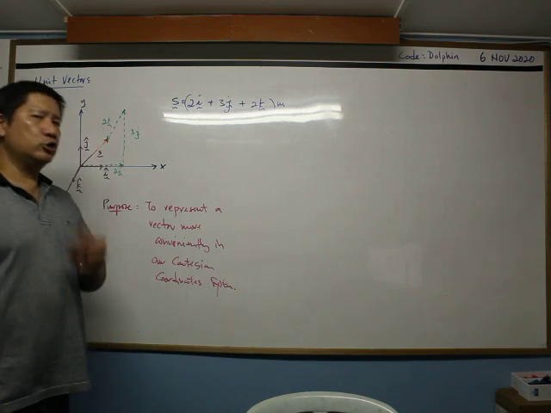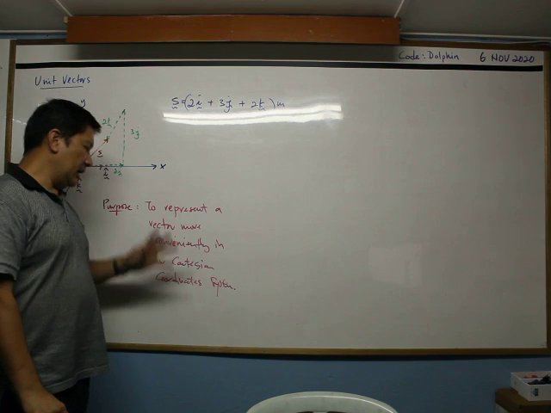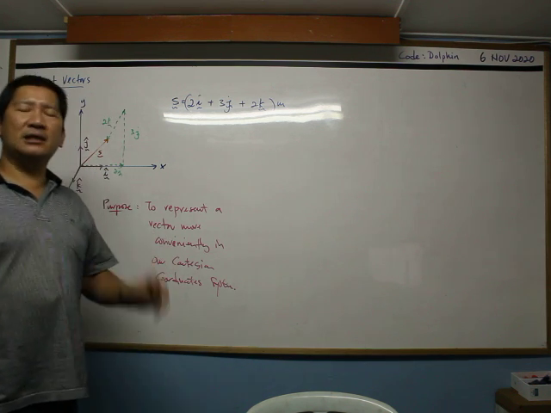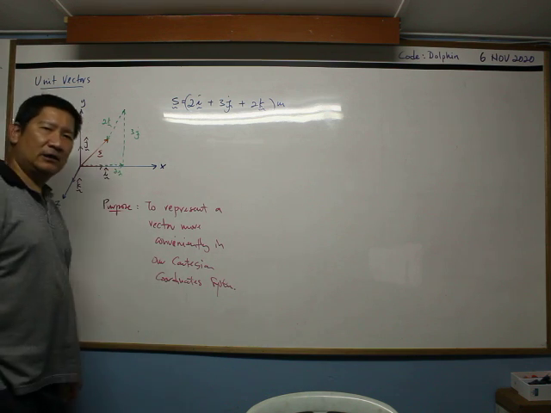Okay, is to more conveniently represent vector quantities in Cartesian coordinate system. Okay, so that's why we have this unit vector type of things.